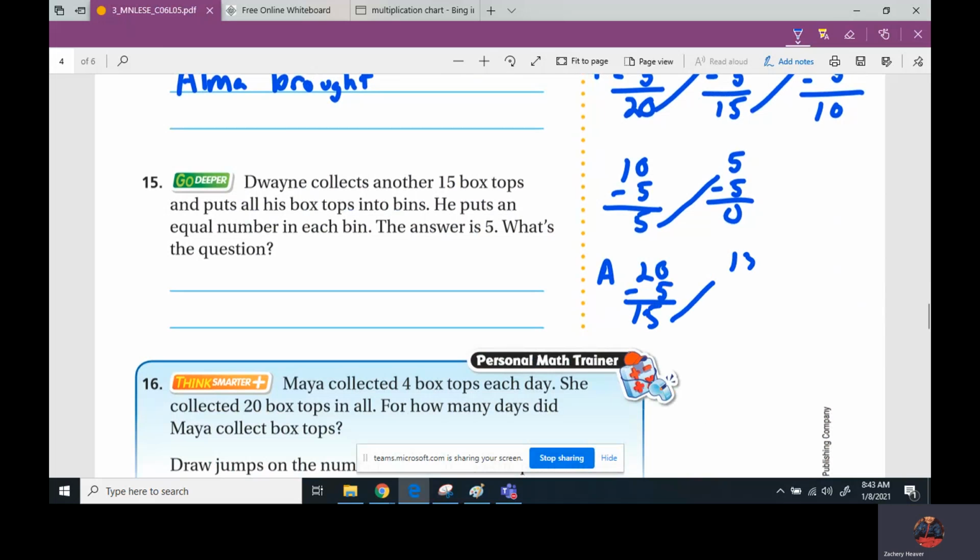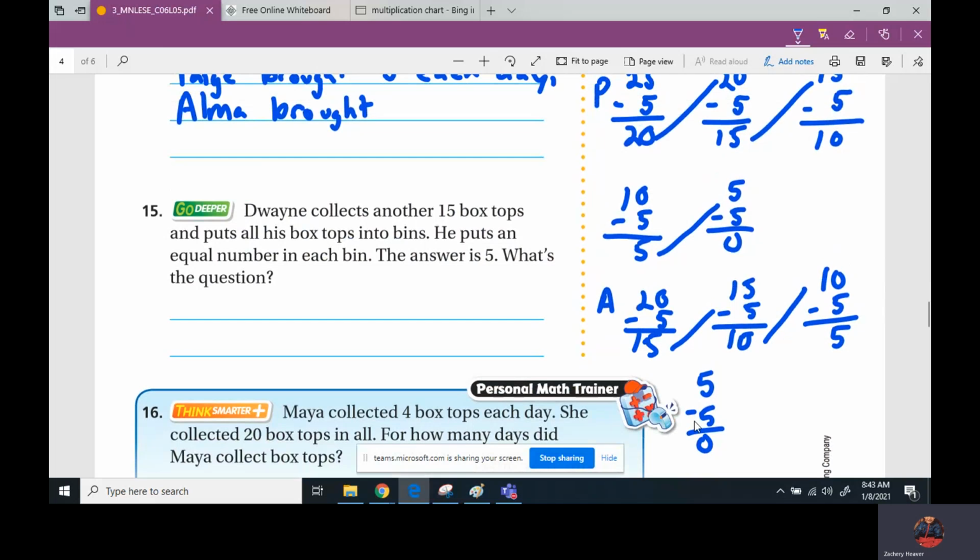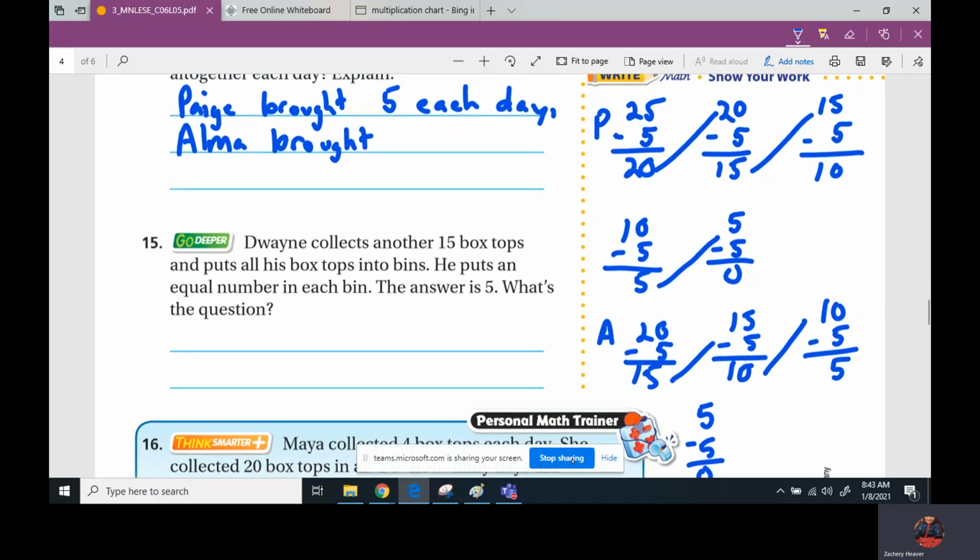Bring it up. 15 minus 5 makes 10. Bring it up. 10 minus 5 makes 5. And we know 5 minus 5 makes 0. So 1, 2, 3, 4. Alma brought 4 each day. And how many did they bring all together each day? 5 plus 4, 9 each day.